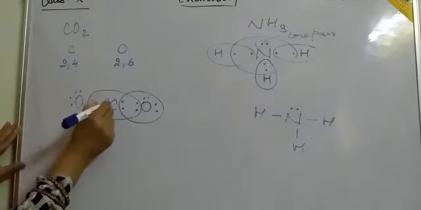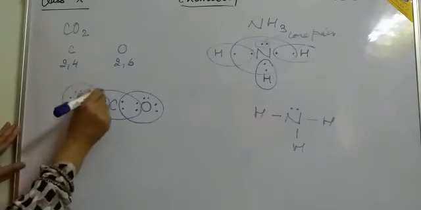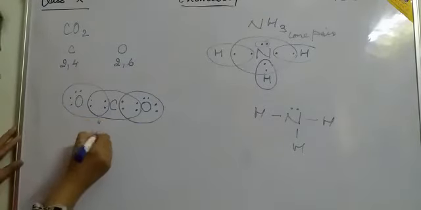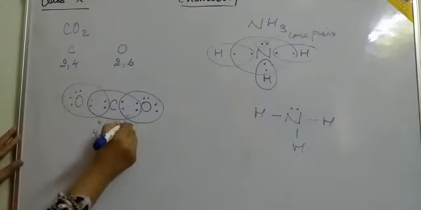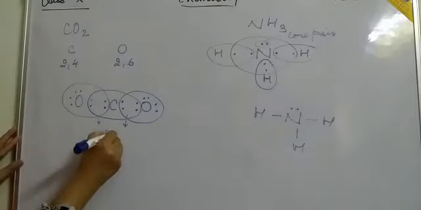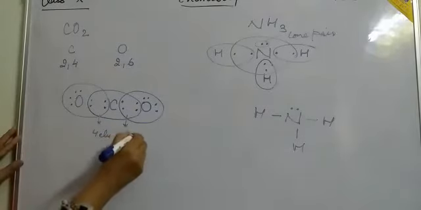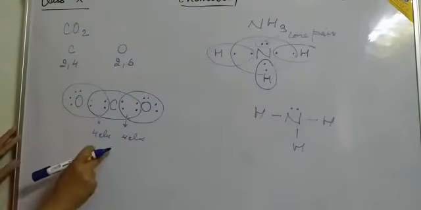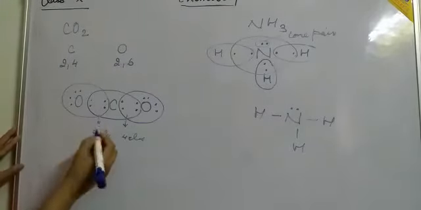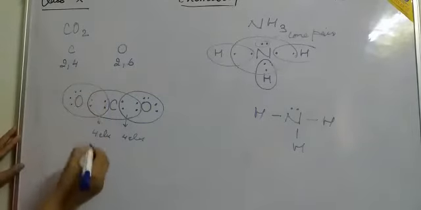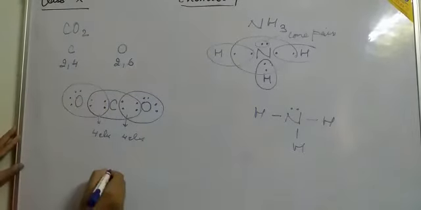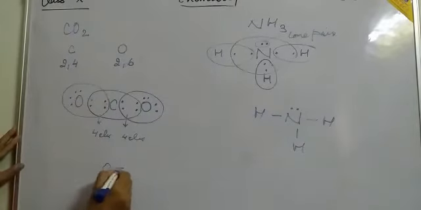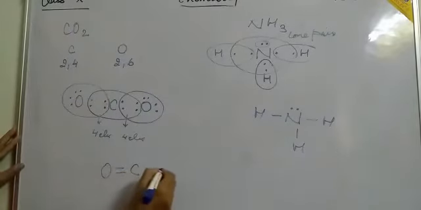So right from here, make a circle. Here, how many electrons are present? 4 electrons. And here, how many electrons are present? 4 electrons. So 4 electrons means double bond.